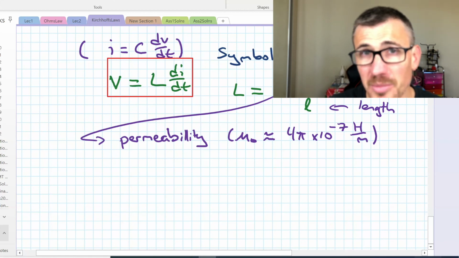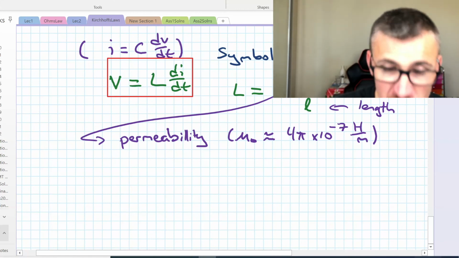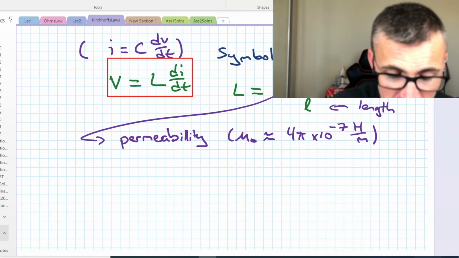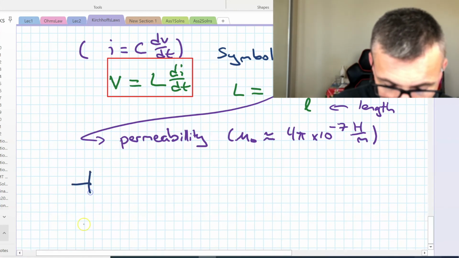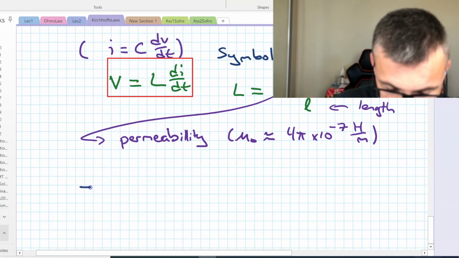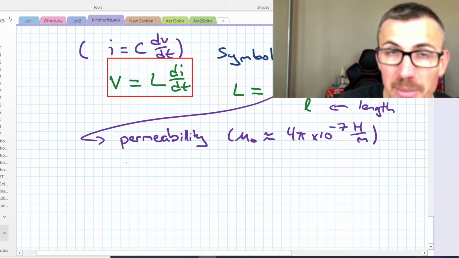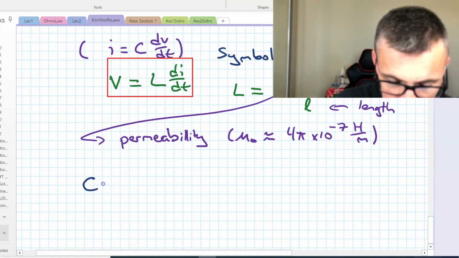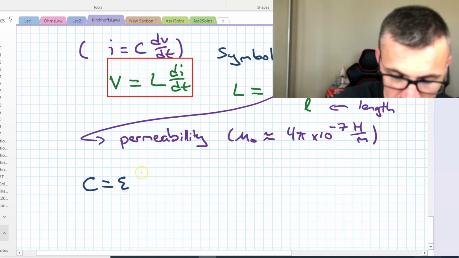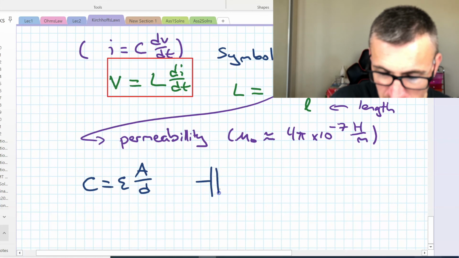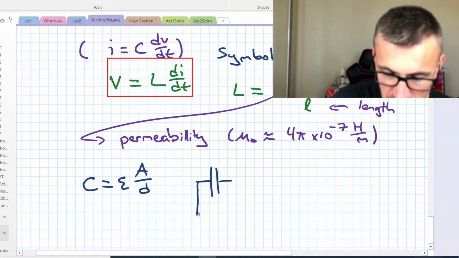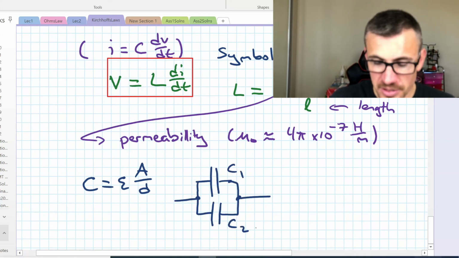Okay, so wrapping it up, this is a fairly long lecture. We'll just talk about parallel and series addition of capacitors and inductors. So if I have two capacitors, let's just remember that C is equal to epsilon A over D. Imagine that I had a parallel combination of two capacitors.